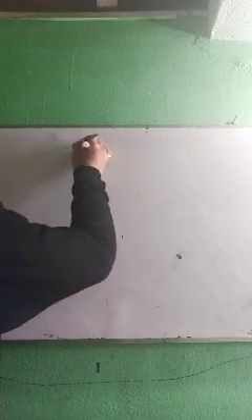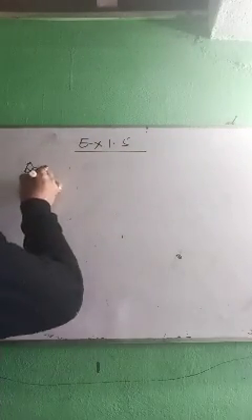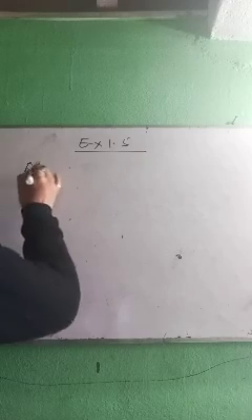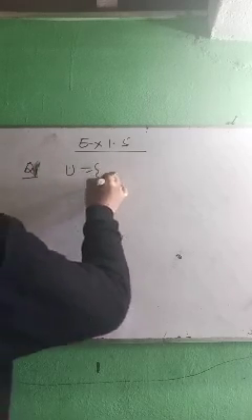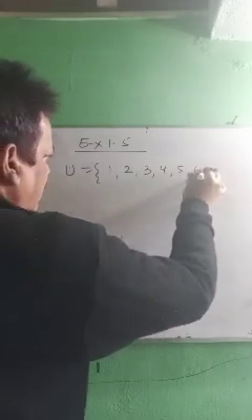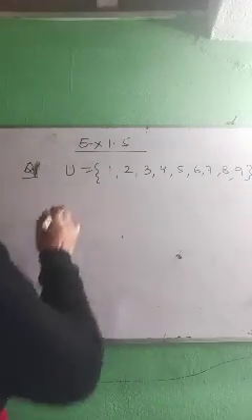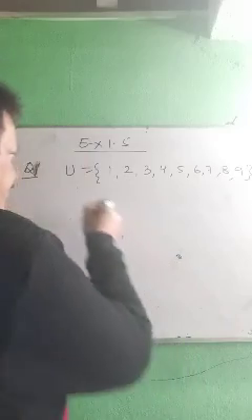Okay, suppose you are given U equals 1, 2, 3, 4, 5, 6, 7, 8, 9. Exercise 1.5, question number 9. What else is given? A is given 1, 2, 3, 4.